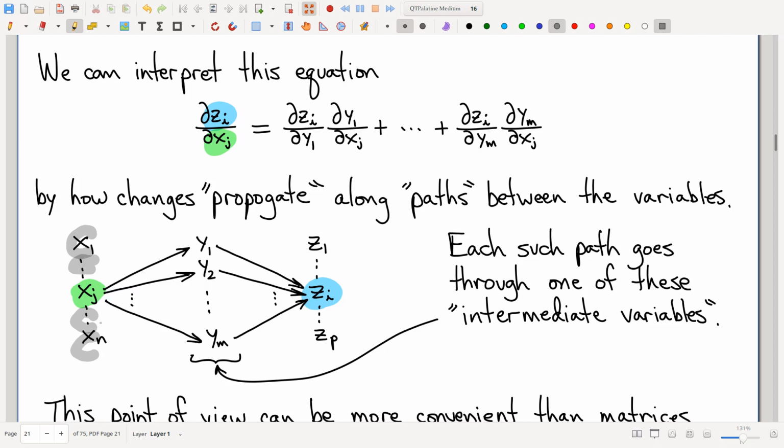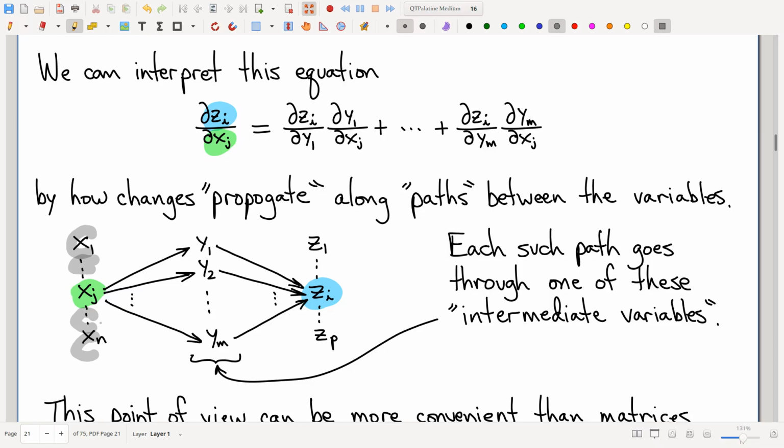And here's what happens if you leave all these other variables as constants. If you let xj change a little bit, if you tweak xj, well, all of these y variables, they're all functions of xj. If you change xj a little bit, all of these y's are going to change by some amount. And here's the other thing.